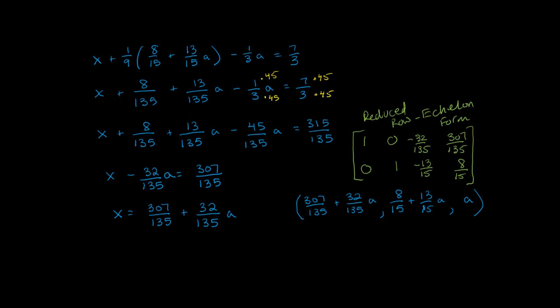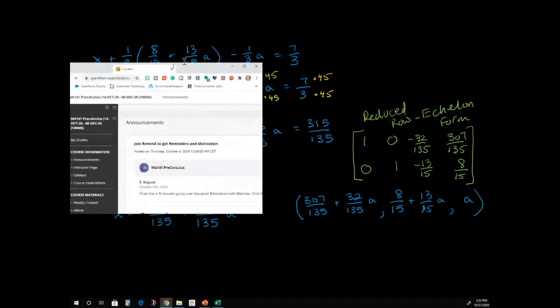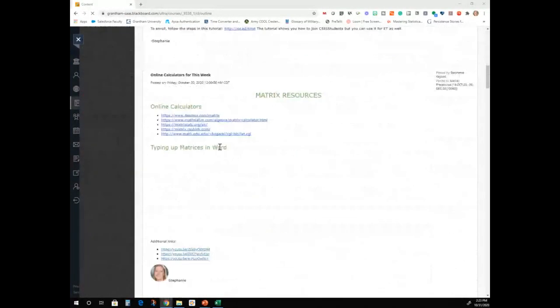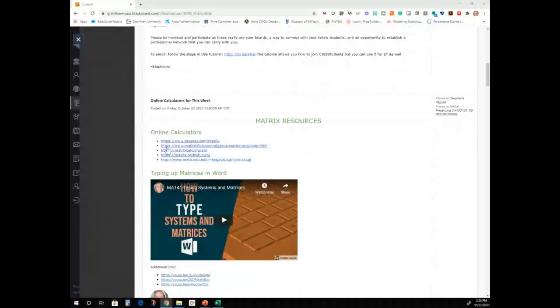Okay, so I'm bringing up the course right now because I just want to reiterate that I do have some resources for you with matrices. So this announcement right here, there are several calculators that you can use for your matrices to make things easier.